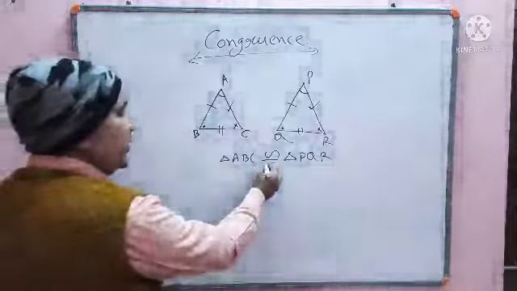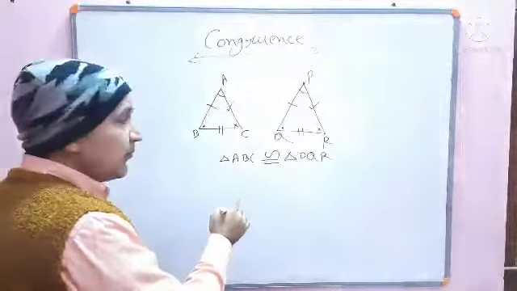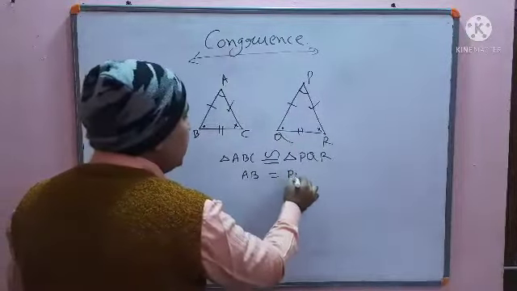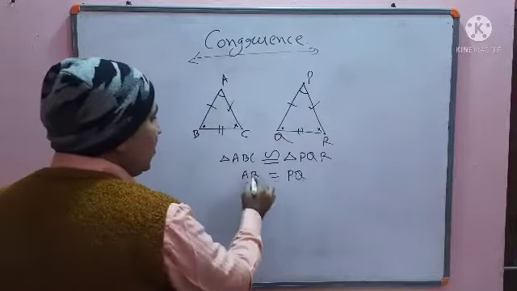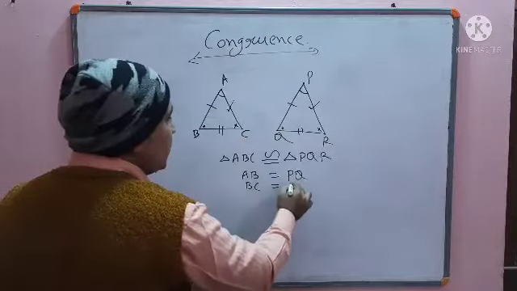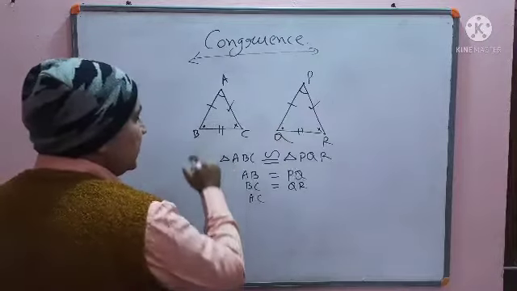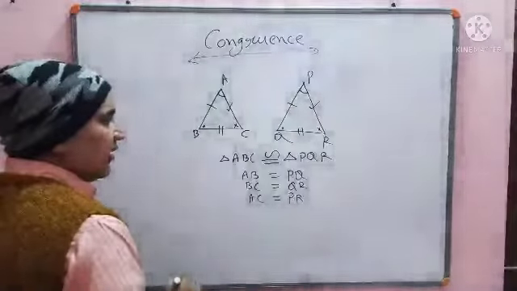See, this is the symbol of congruency. Watch carefully how to make the congruency symbol. Then we are finding that side AB is equal to side PQ, side BC of this triangle is equal to side QR of this triangle, side AC of this triangle is equal to side PR of this triangle.